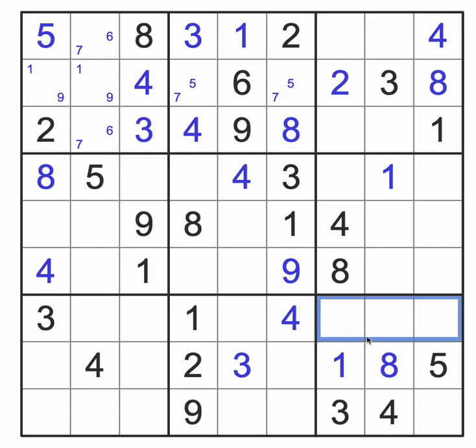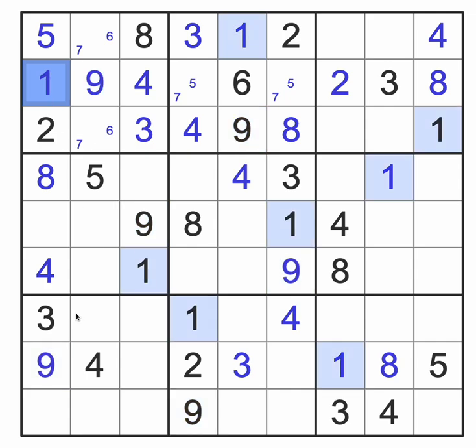Forces 9 to use one of these cells. So these cannot be 9. And 9 in box 8 also blocks these. 9 here in box 4 blocks this cell. Gives me 9 here, which gives me 1 and 9.